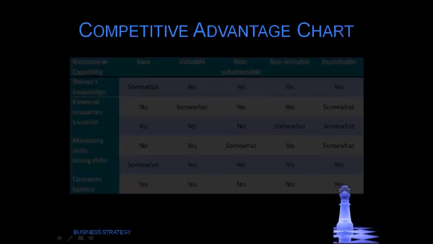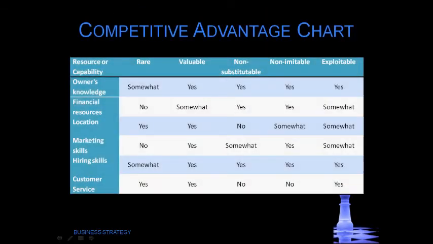So we put together a chart like this, and we put together some resources and capabilities that are kind of important. And then we determine, are they rare, are they valuable, are they non-substitutable, are they hard to imitate, and are they exploitable?